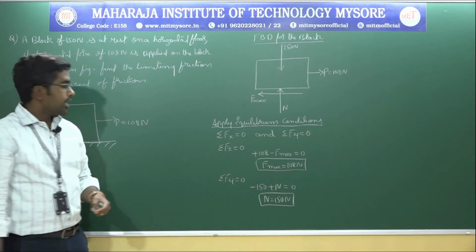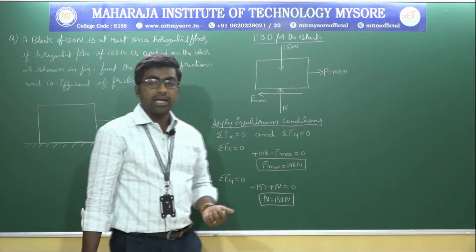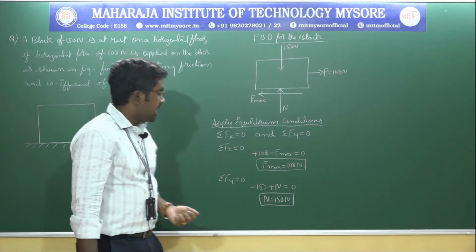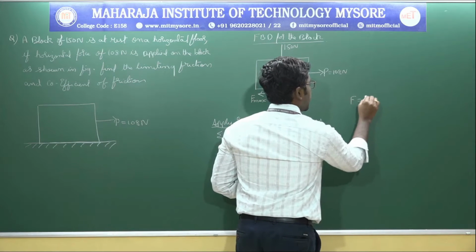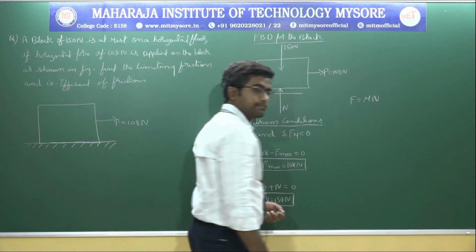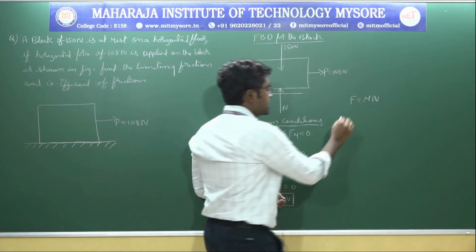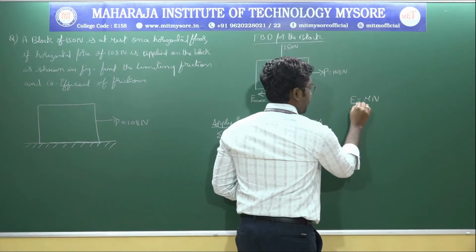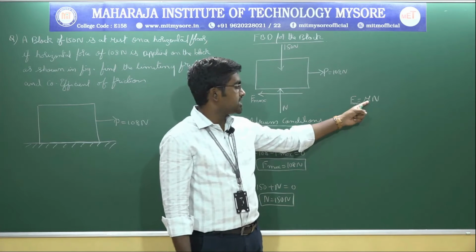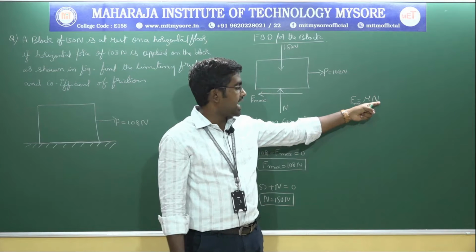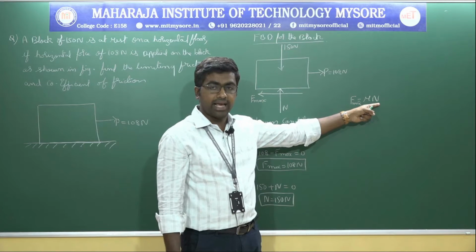Right? Now in order to find out the mu value, that is the coefficient of friction, I am going to use one more equation, that is F is equal to mu times N. Where F, in this particular problem, is F maximum, that is the friction. So this is the coefficient of friction mu and this is the normal reaction.